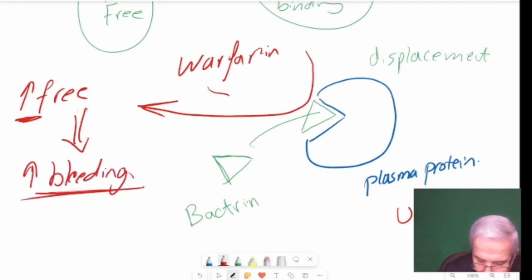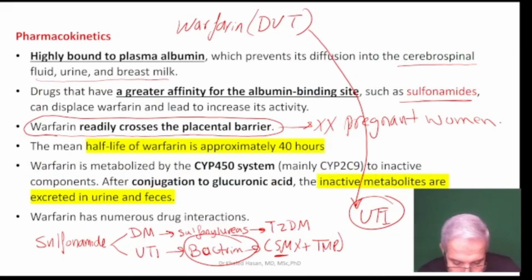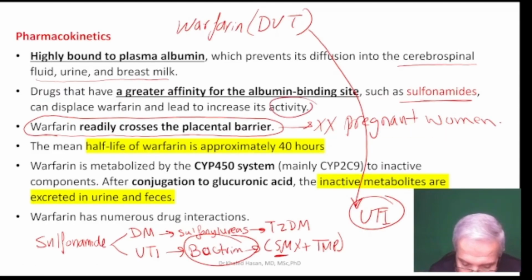I hope this makes sense to you. What they said here: drugs that have greater affinity for the albumin binding sites, such as sulfonamides, can displace warfarin and lead to an increase in its activity. Here we can type bleeding.